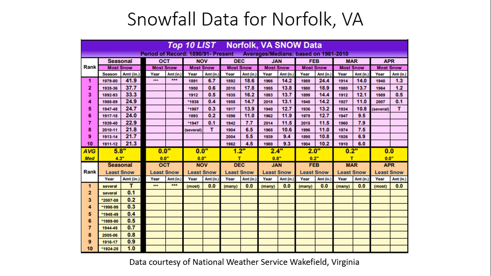Moving on now to the seasonal least amount of snow, on the other side of the spectrum. Several years came in with just a trace amount, number 1 on the list.